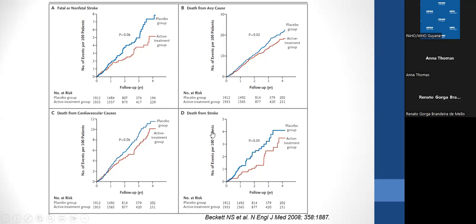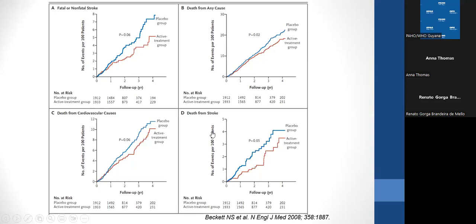So in 2008, the results from the HYVET trial were published. The HYVET trial included only patients aged 80 plus, who were randomized to receive hypertension treatment or placebo.